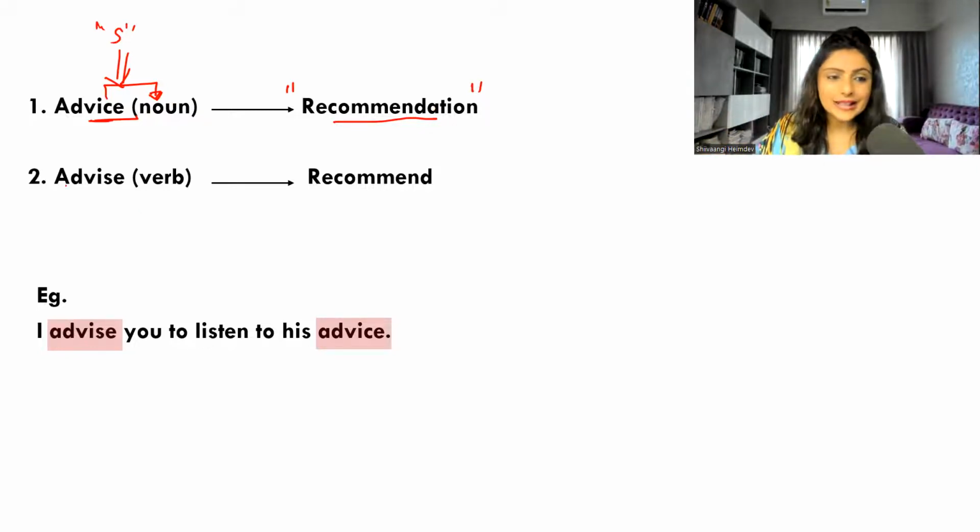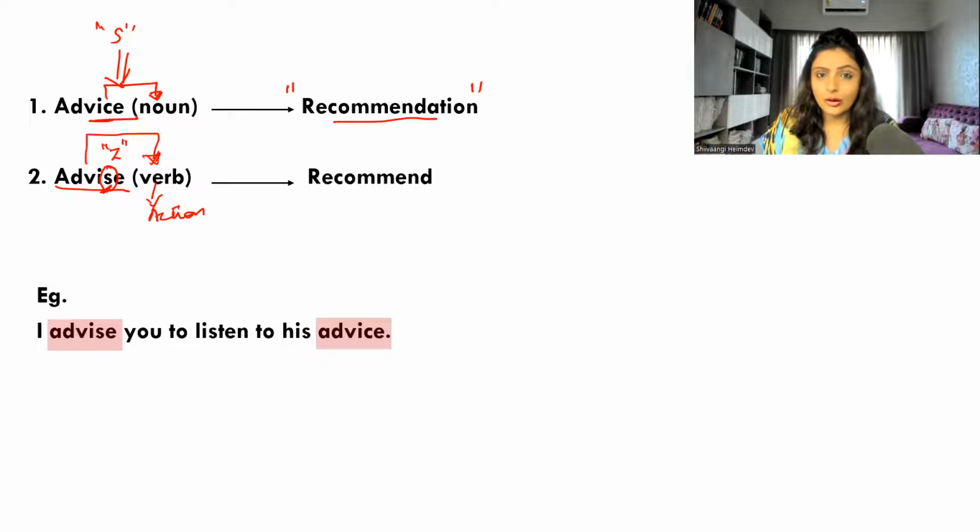However, if I'm using advise with a Z sound in it, the word advise with S in it and the pronunciation with Z sound in it, that word is a verb, and a verb is nothing but action. So when you are into an action of advising, that means you are recommending something. So advise means to recommend.